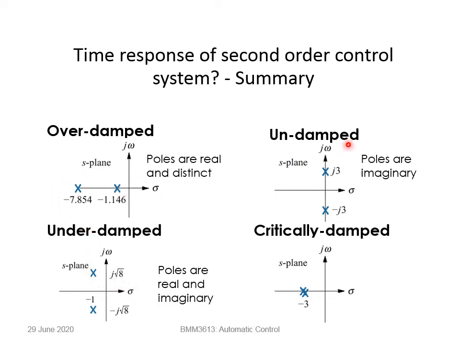Underdamped is when you have the complex component as well as the real component. Undamped is when the 2 poles are only on the complex component, and critically damped is when both poles are on the real axis and have the same value, right? So this is the relation between the poles and the type of the time response.